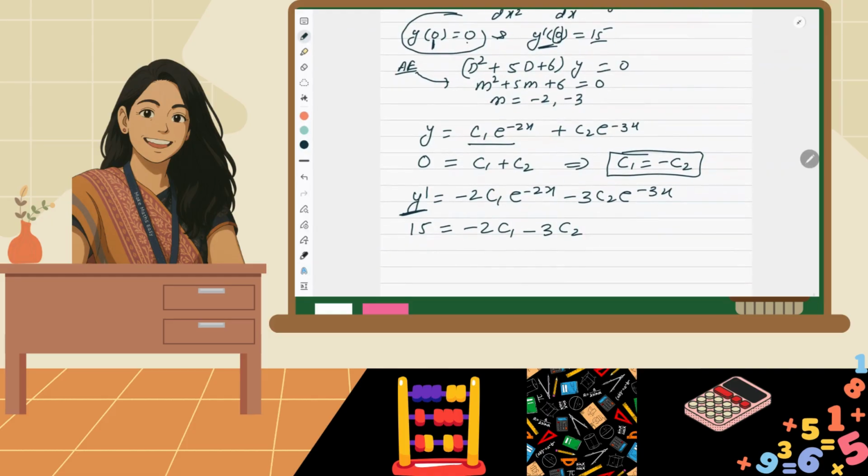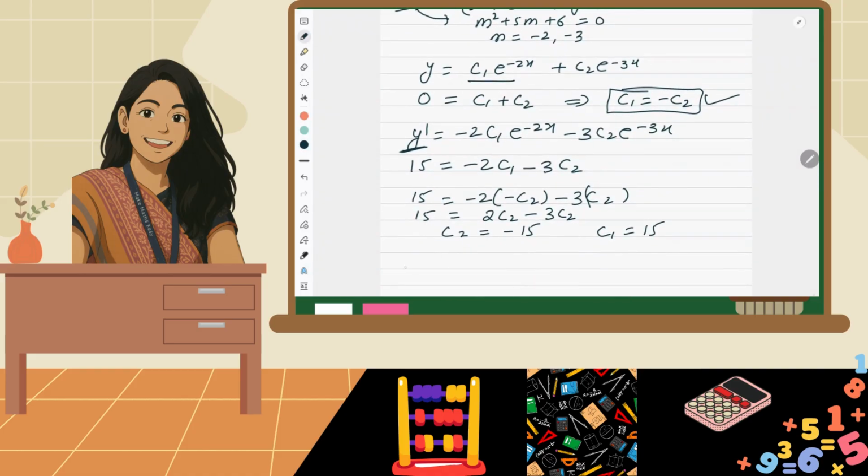Also c1 is equal to minus c2. So substitute: 15 is equal to minus 2 times minus c2 minus 3c2. Correct? So how much do I get? 15 is equal to 2c2 minus 3c2. So c2 is equal to minus 15. If c2 is minus 15, then c1 is equal to 15.